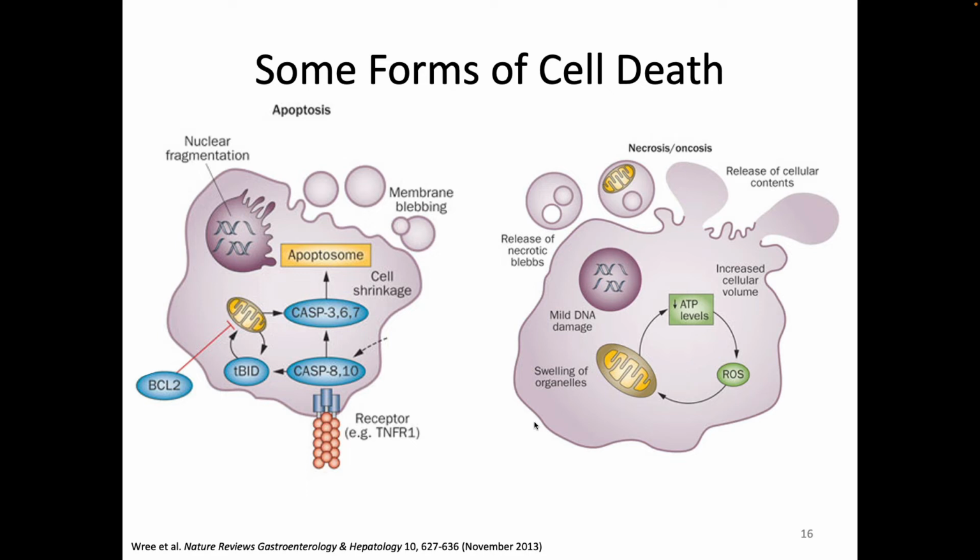It's going to make little compartments and little pieces of itself that are going to go off and maybe get eaten by a macrophage. The way I think about apoptosis is that it's really quiet cell death. It's a cell that's just going to fold itself up and die and not disturb any of its neighbors and not make any problems.